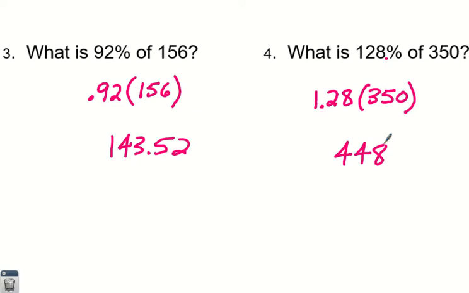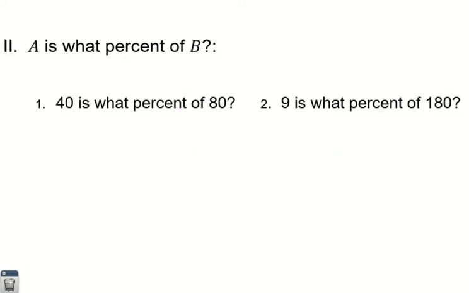If I said what's 200% of 350, that's like asking what's double 350, so 200% of 350 would be the double amount, 700. And so 128% is going to be more than 350 because it's more than 100%. Hope that made sense.